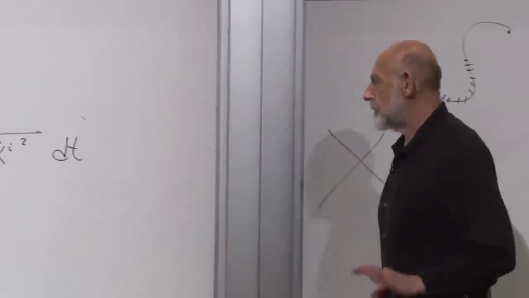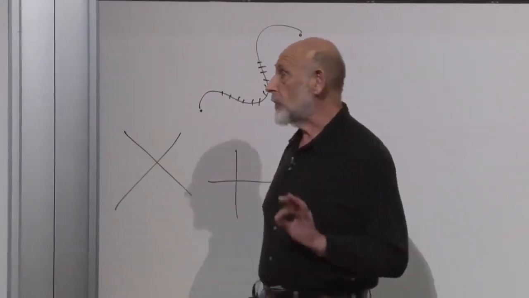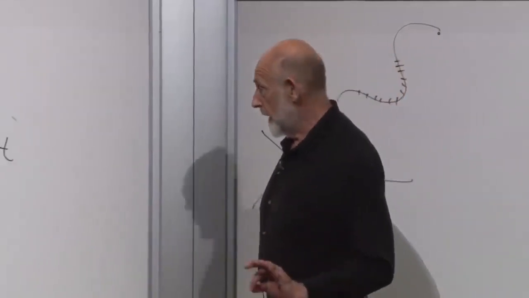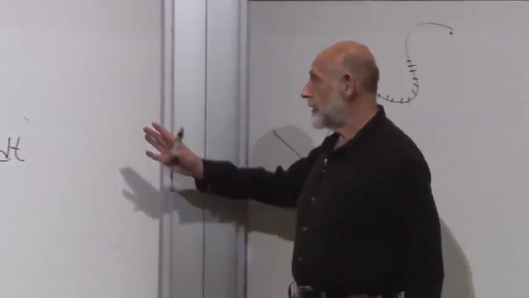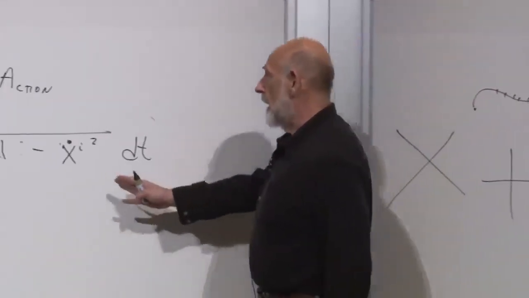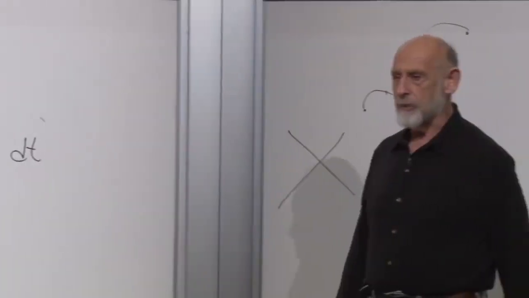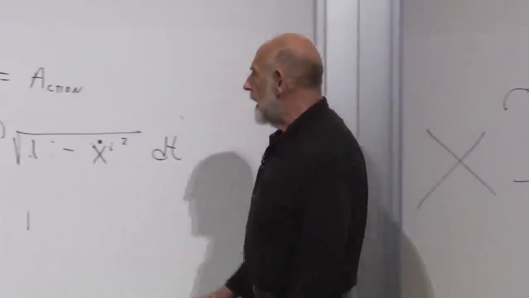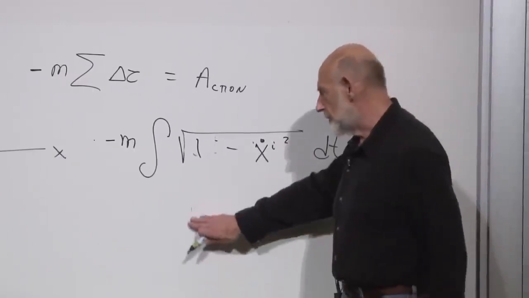It's just x sub i dot, and dot now means derivative with respect to ordinary time. So by factoring out a dt, I converted this to something a little more recognizable than it might have been before. It's an integral of something that depends on the velocity.